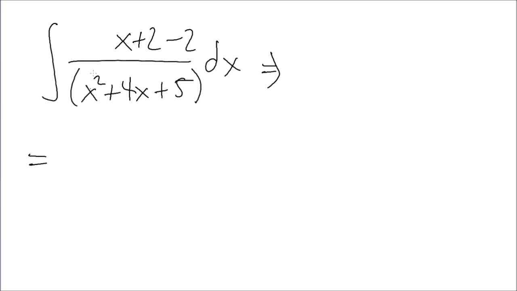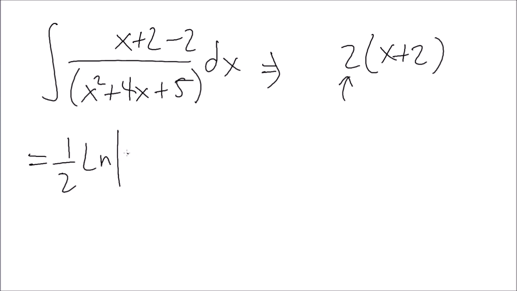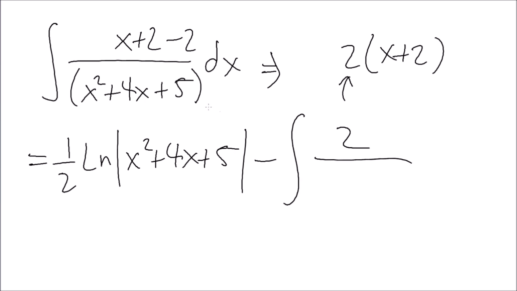So then I'll put it here. Of course, don't forget that we did this, which means that we need a half. Oh, but I can just go into it. x squared plus 4x plus 5, right? And then we have minus 2. Complete the square. Go ahead, complete the square.